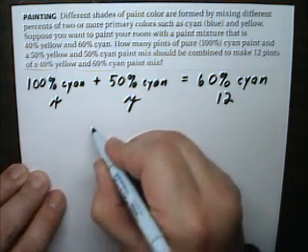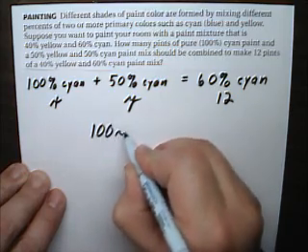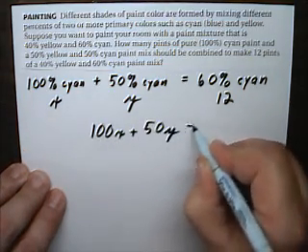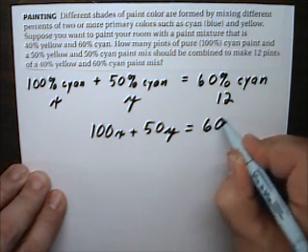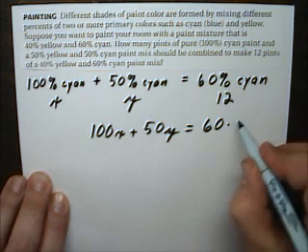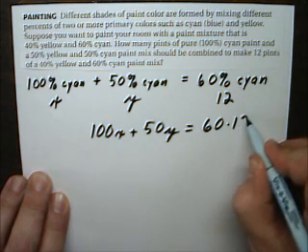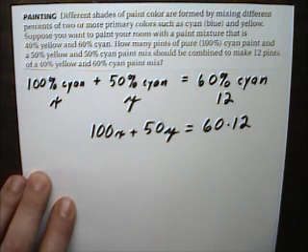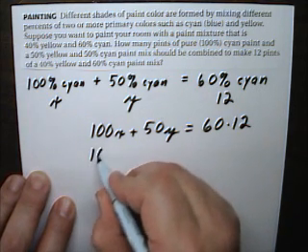So let's see, 100x plus 50y equals 60 times 12. And 60 times 12, that's 720.